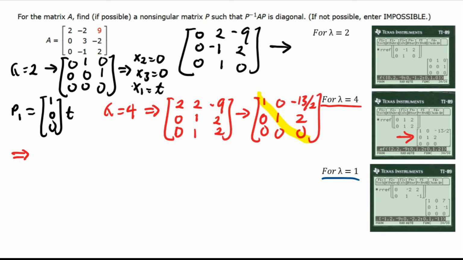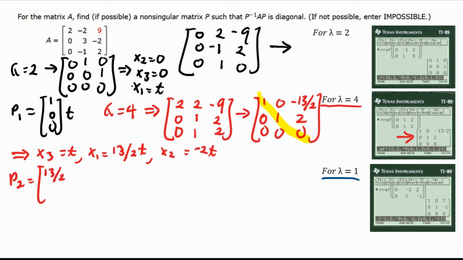So x sub 3 is equal to t. X sub 1 is 13/2 times t, and x sub 2 is -2t. So p sub 2 is, let's get the order, 13/2, and then I get -2 and 1.